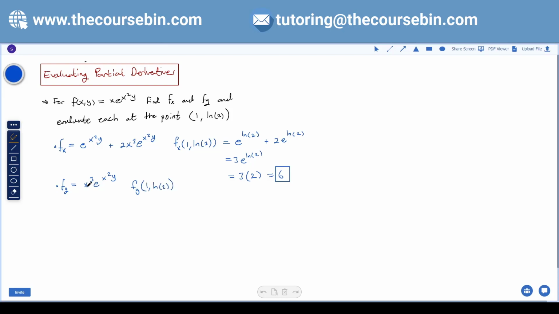So we substitute all x's with 1s, the y's with natural log 2, and we get e to the natural log 2, and again, we just get 2. Right, so we have different slopes depending on which direction we go in. If we go in the x direction, we get a slope of 6. And if we go in the y direction, we have a slope of 2.